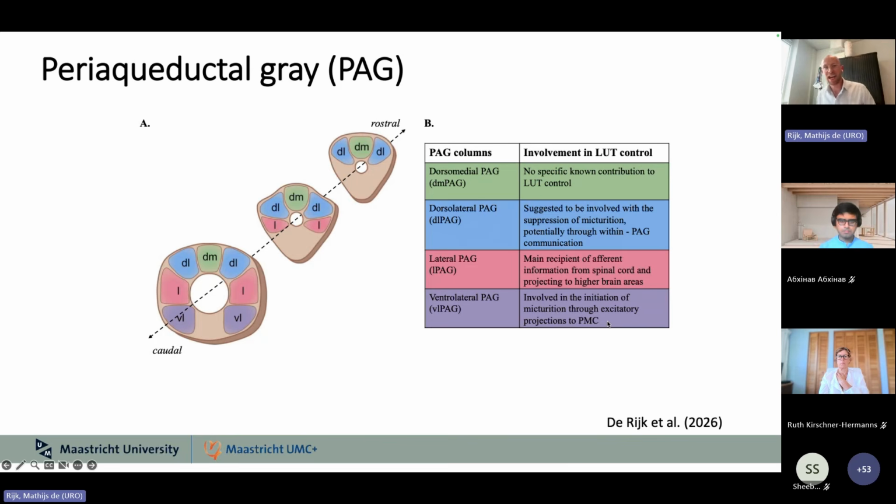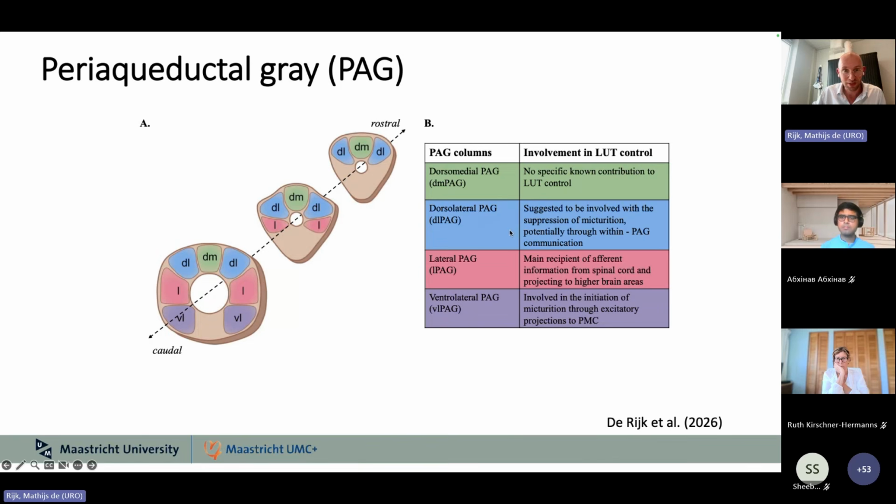And we can already add quite a lot more, or well, it's still a little bit speculative, but there are still details that we can fill in, because as I will show later as well, the ventrolateral PAG in general seems to be the area that has the strongest connections to the pontine micturition center. So not only excitatory, but also inhibitory.